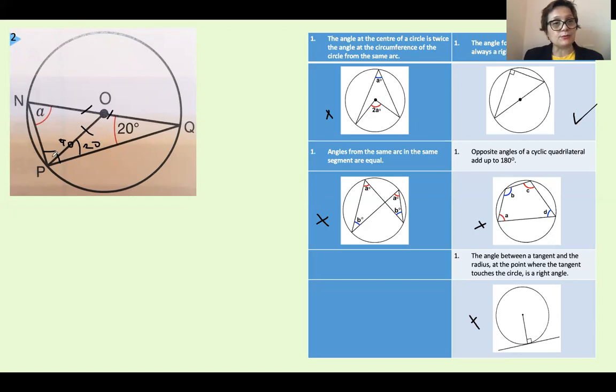So if you know this one is 20, then this angle A here is going to be 70 degrees. That means this angle here is going to be 70 degrees. Just like that.